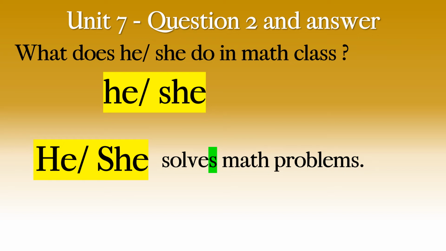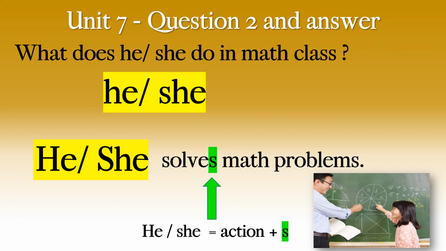Now, look at the action. The action, solve. The action has S, don't forget S. If we use he or she in the answer, the action must have S, okay? She solves, he paints, she plays, he reads, okay?